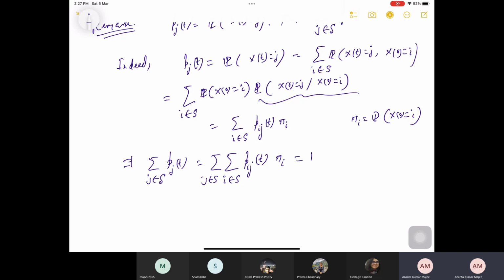And the summation over j of p_ij(t) is actually 1, so you can interchange because all these are positive. Hence summation over j in S of p_j(t) is equal to 1.